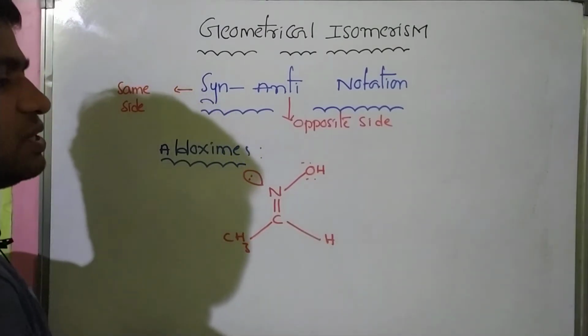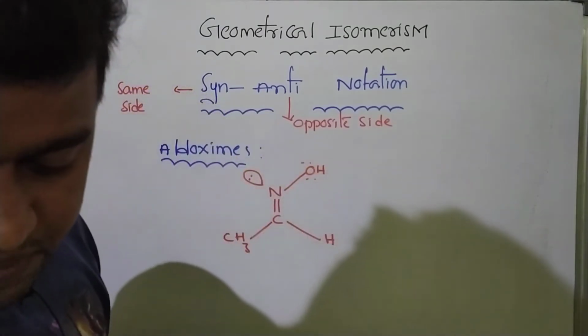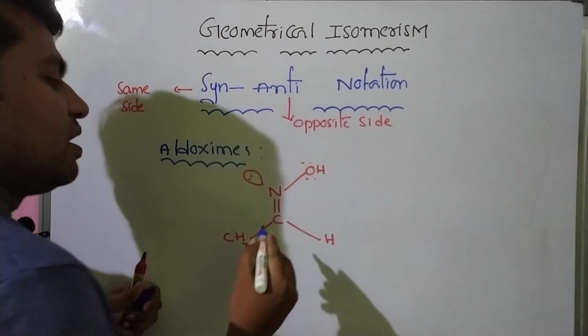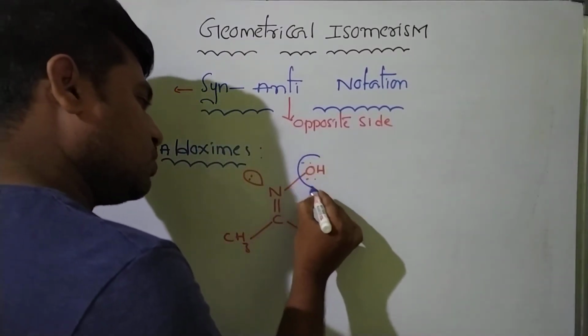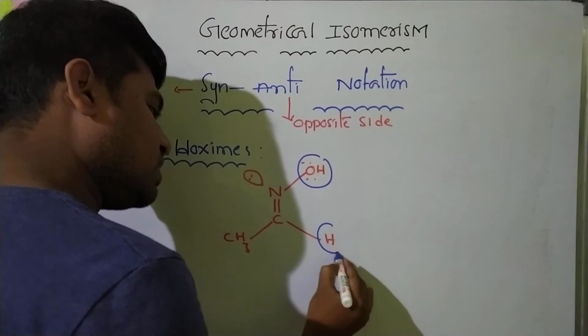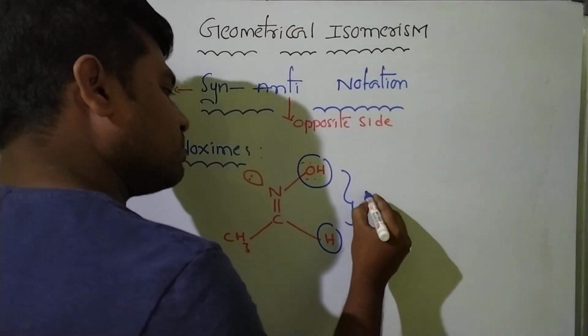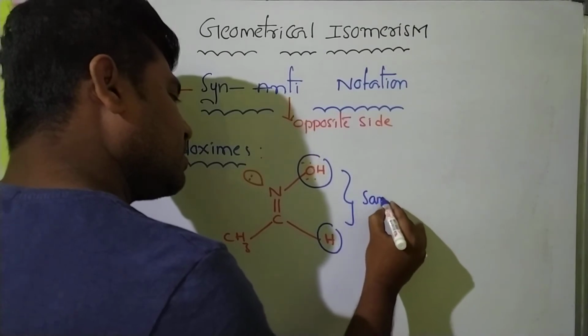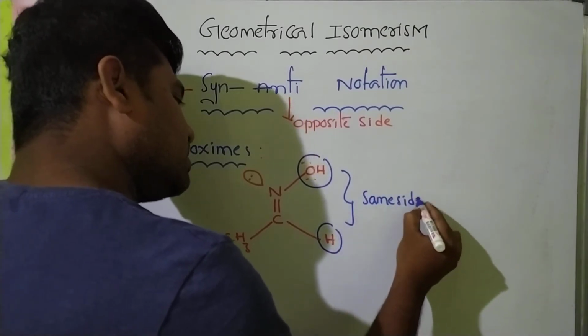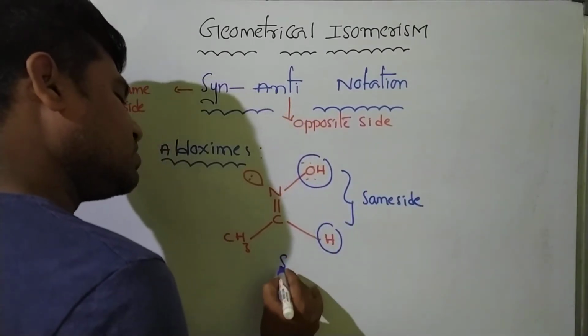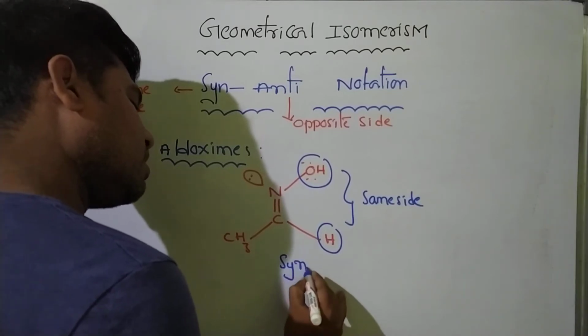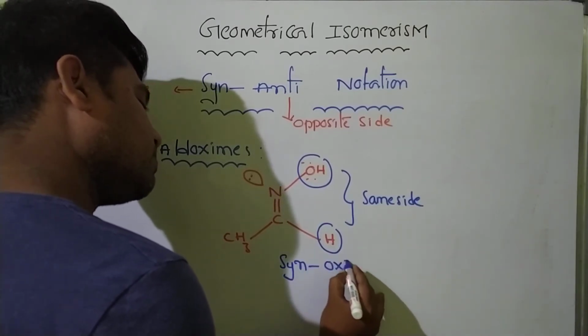Please understand, students, very easy concept. Here the OH group and the hydrogen are on the same side. So this isomer is called syn isomer or syn oxime.